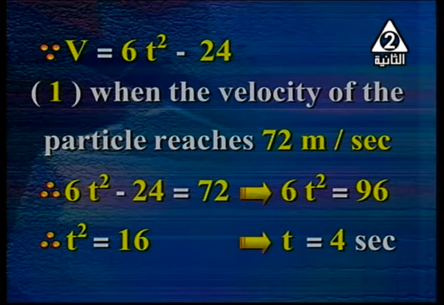Remember, dear student, the velocity is a function of t, v equals 6t squared minus 24. When the velocity of the particle reaches 72 meters per second, we find the value of t by substitution, t squared equals 16, then t equals 4.